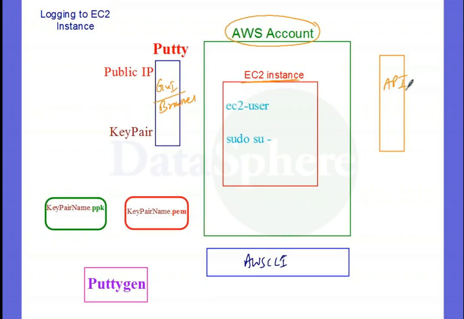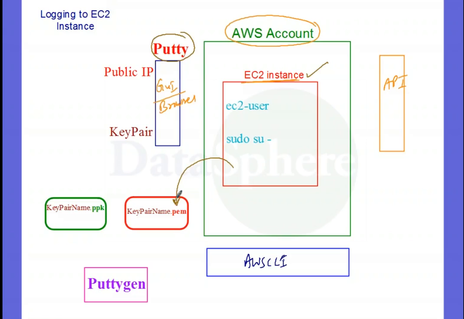Now, when we want to work with our instance, we're going to use Putty. Whenever we create an EC2 instance, we generate a key pair file with the extension .pem. This file we are going to use as a key to log into the EC2 instance.